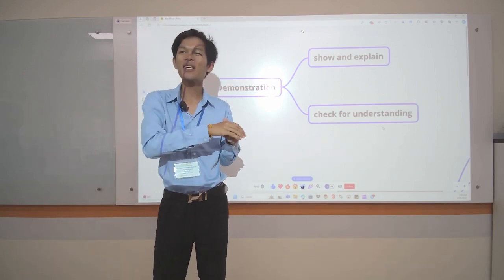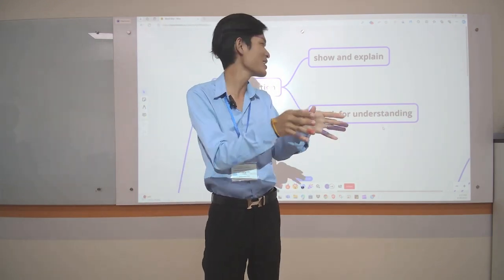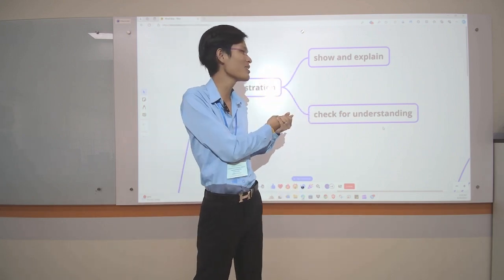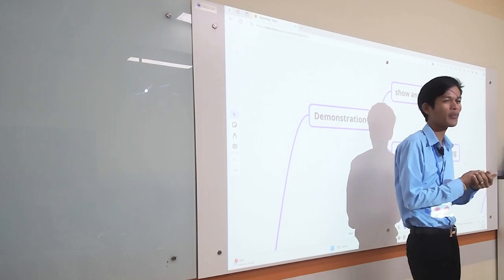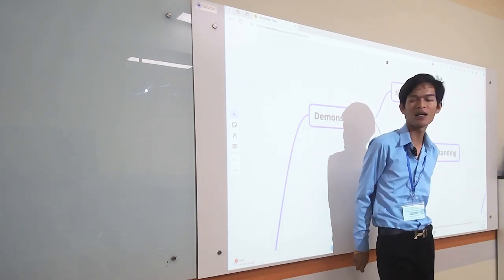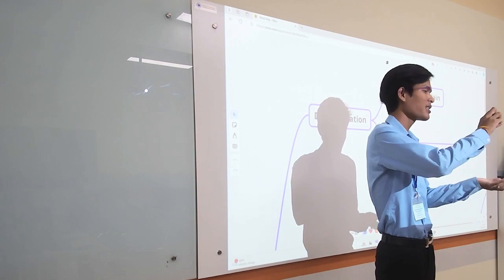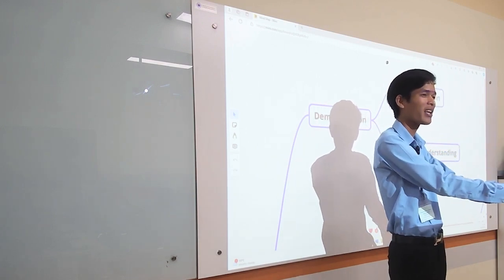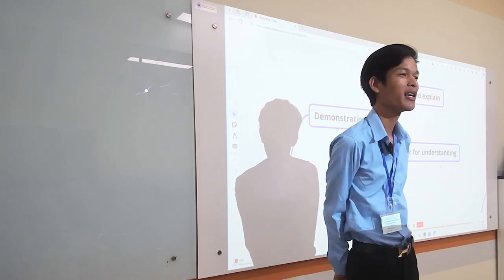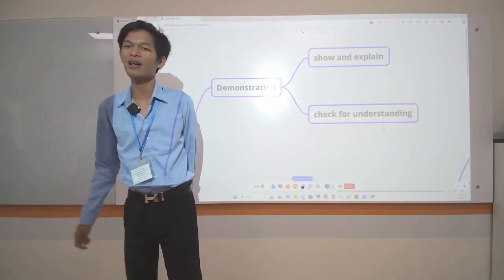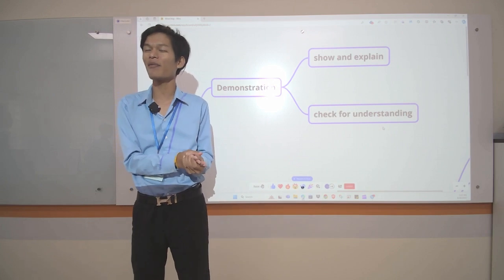For example, the teacher shows them one object, like a pen. When the teacher drops a pen, that pen will fall to the ground. So the teacher can explain to students that the pen has gravity.